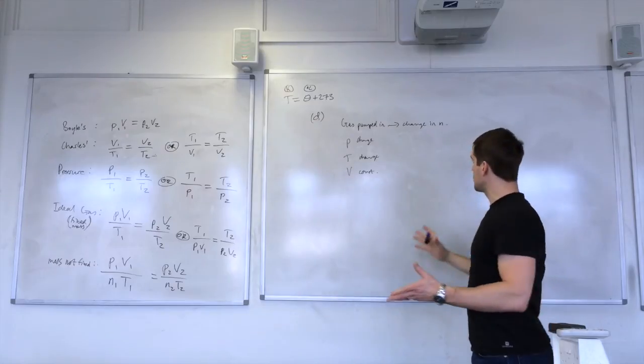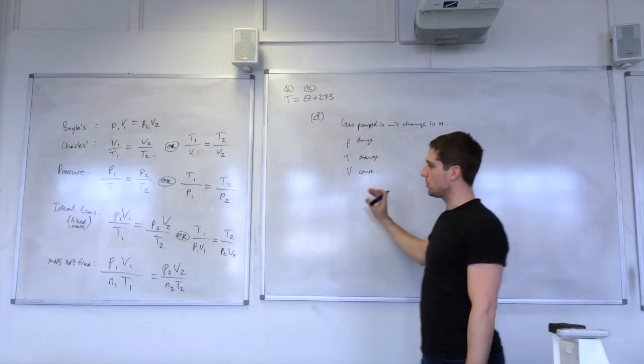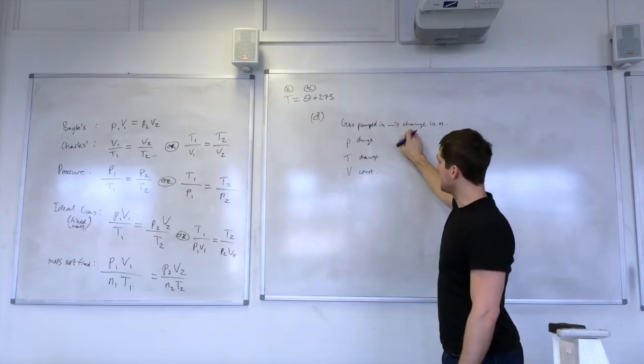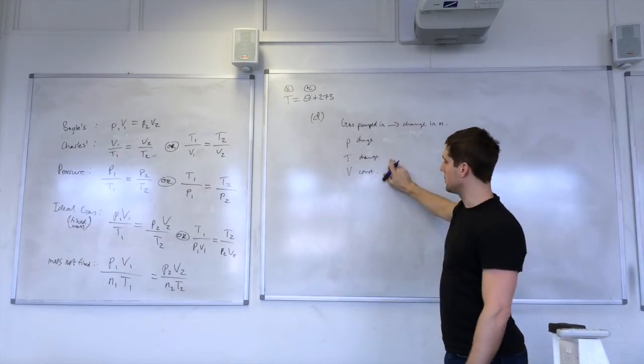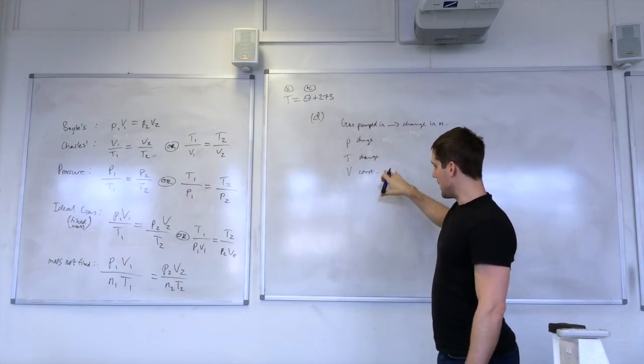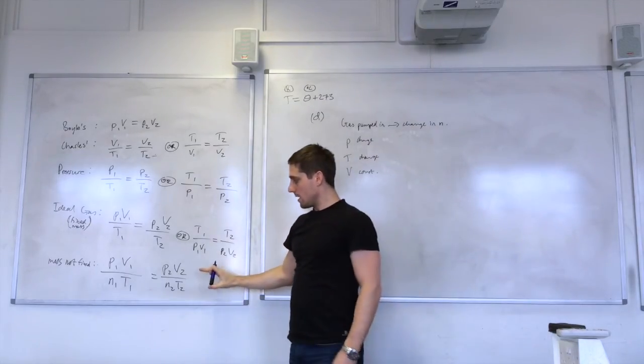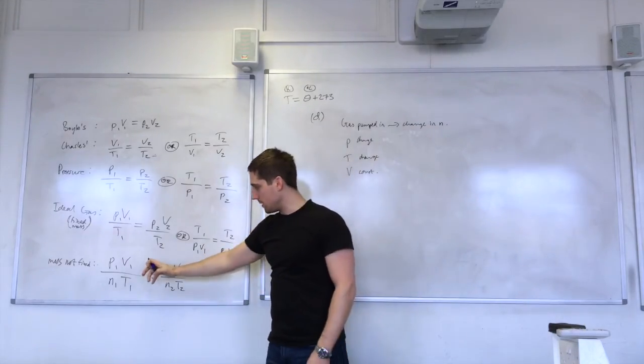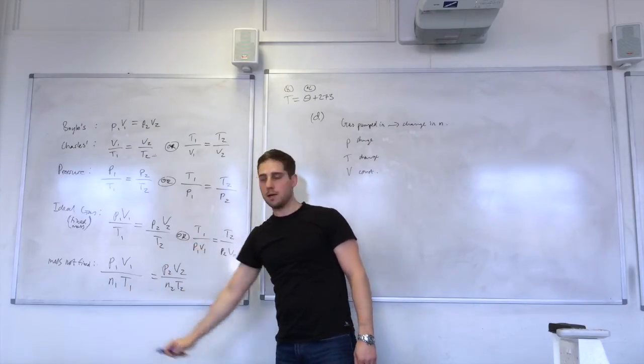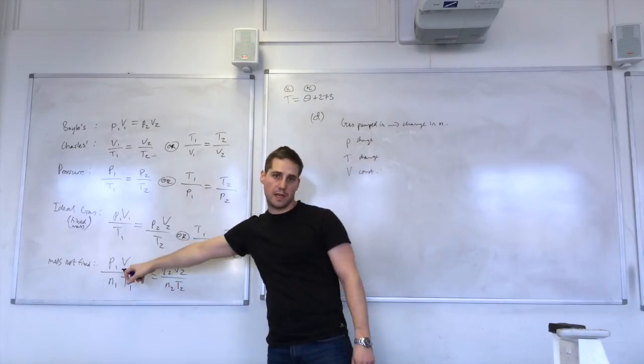Okay, so which equation do we need to use? We need to use one that has got change in N, change in pressure, change in temperature. You'll see over here that only this equation has got P, T and N in it. However, it's also got V in it.